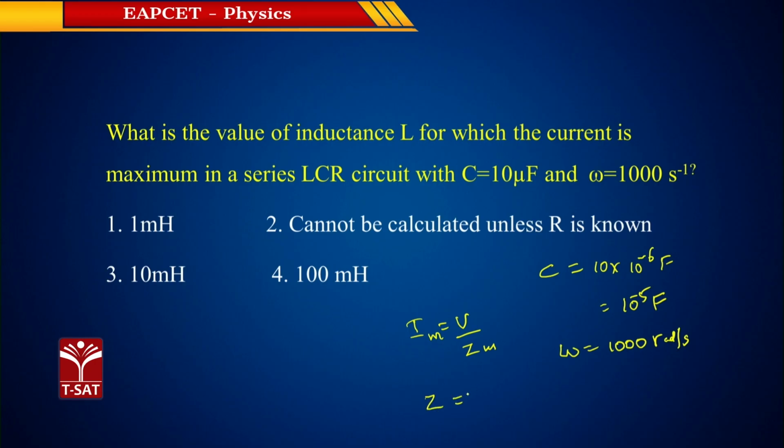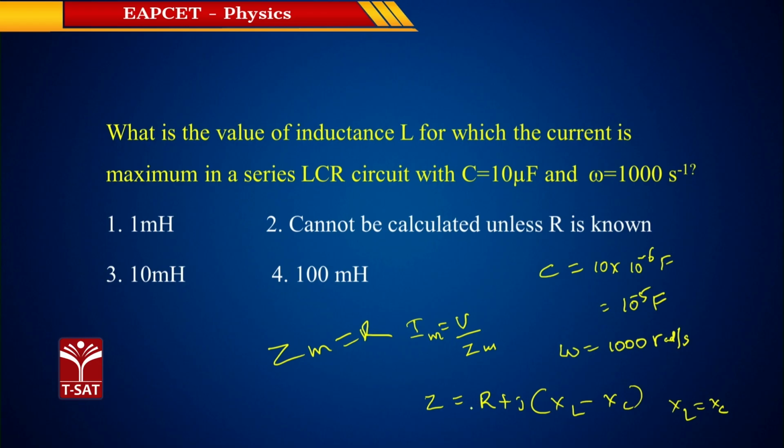Z is called the impedance, which equals R plus j into XL minus XC. In this condition XL is equal to XC, so this term is equal to 0. Therefore, Zm is equal to R.